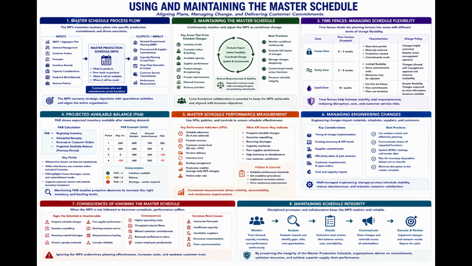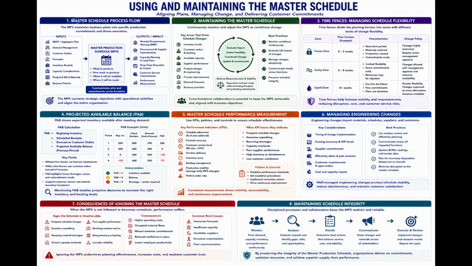Policies and controls establish acceptable performance standards and provide guidance for corrective action when deviations occur. Consistent performance measurement helps organizations identify weaknesses in planning processes and supports continuous improvement efforts that strengthen schedule reliability and execution effectiveness.